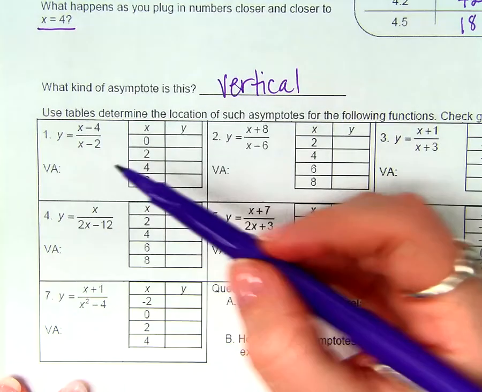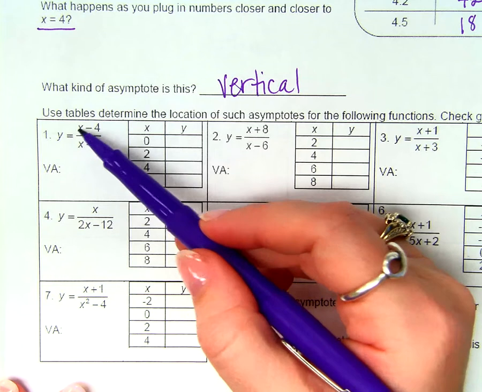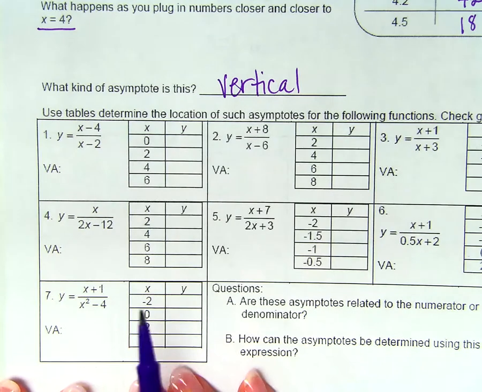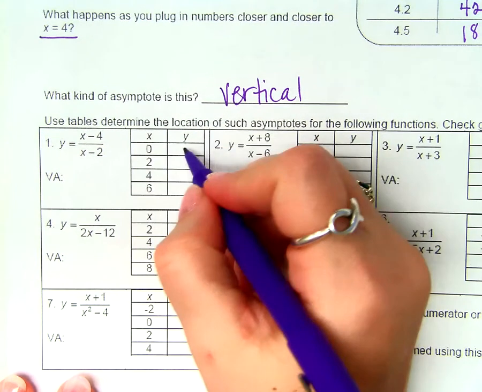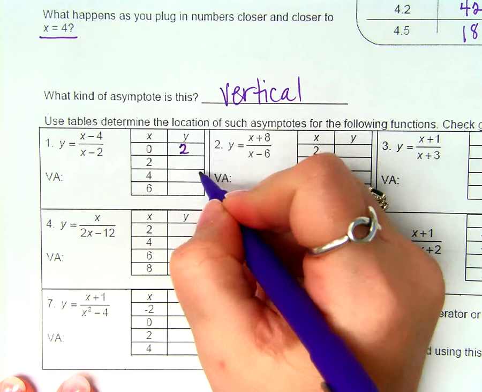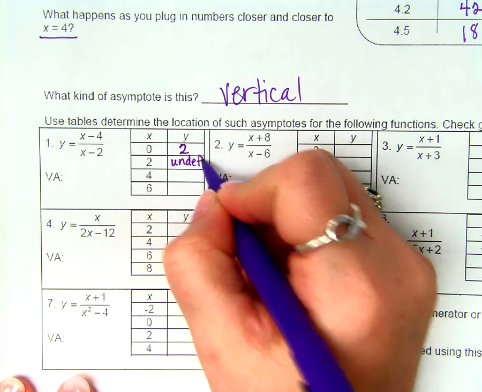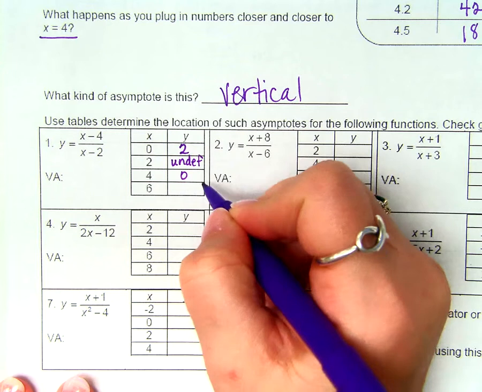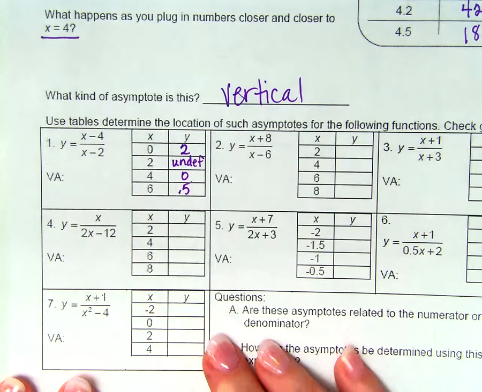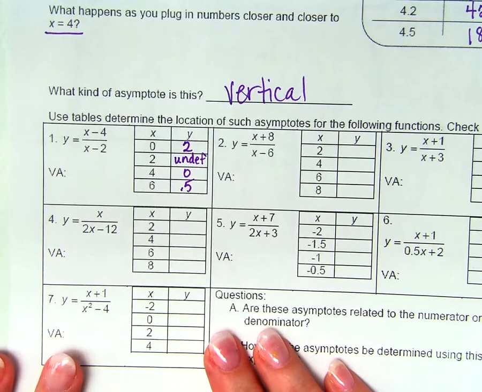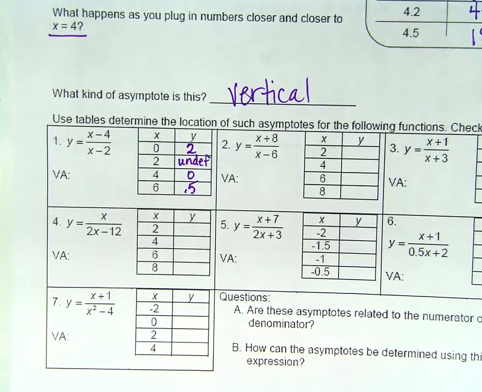Okay, so here's the deal. Y equals x minus 4 over x minus 2. Okay? When we look at our table, y is 2, undefined, 0, and 0.5. Where is my vertical asymptote? Okay, so I was hoping you'd say that because we have to have a conversation.